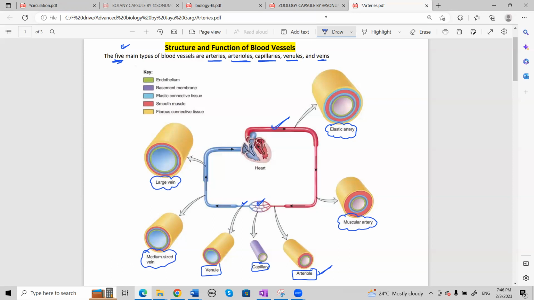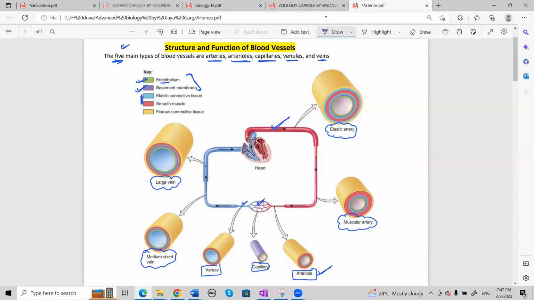And if you see in the diagram, there is a green color key. Endothelium is present in all, and basement membrane. These two layers are present in all. If you check carefully, you will find endothelium and basement membrane present in all. Now, if you see elastic connective tissue and smooth muscles, focus on these two in the diagram.